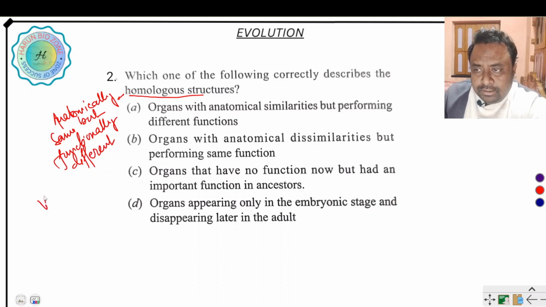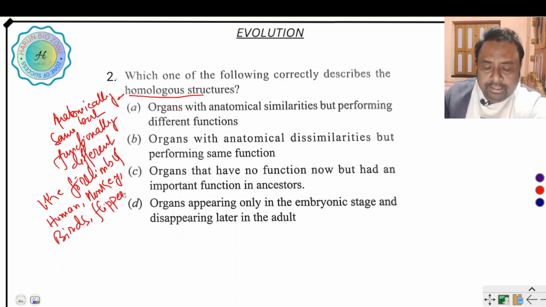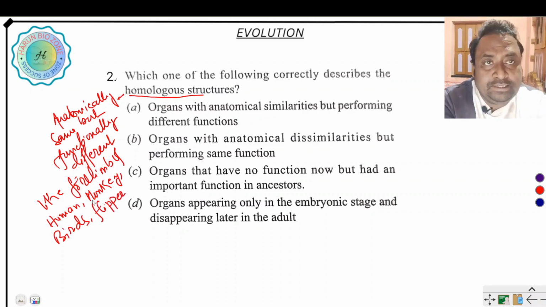Like the forelimb of human, monkey, birds, and the flipper of blue whale. They are anatomically the same, but they are functionally different.